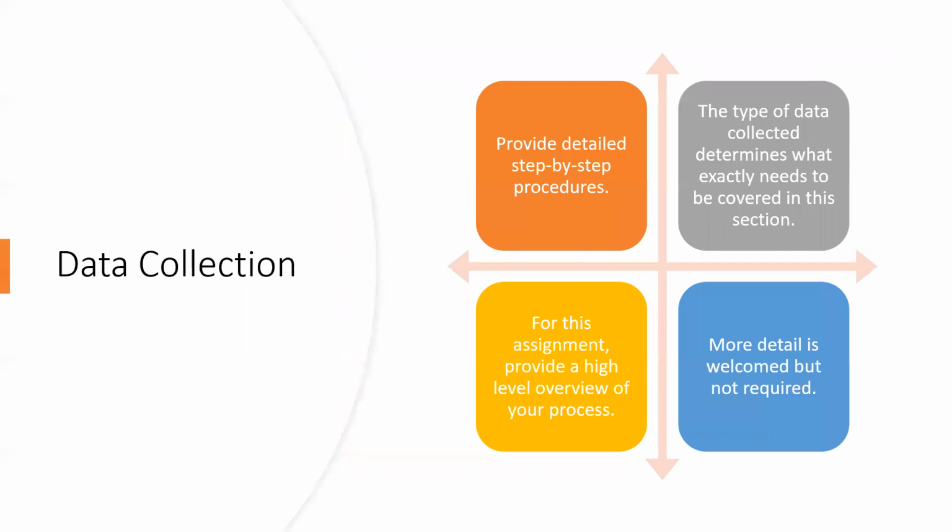Okay. Then data collection. Oftentimes students will combine data collection and data analysis, and I'm going to really stress that you not do that because these are different and they need to be treated separately. So data collection is our step-by-step procedure from the moment we reach out to a participant, from sampling to how we're going to get our sample, who's going to make up our sample, what are the delimitations of that sample, who will or will not be in the sample, all the way through informed consent, all the way through data collection.